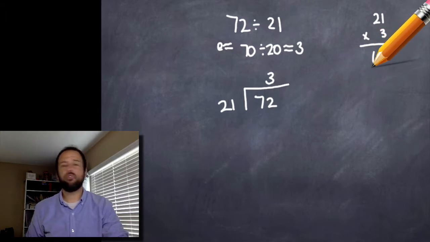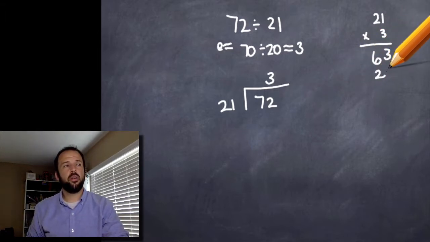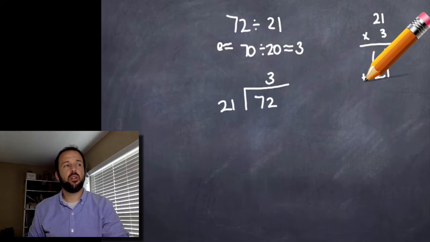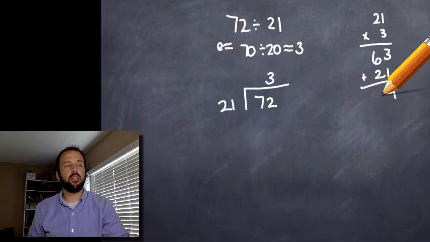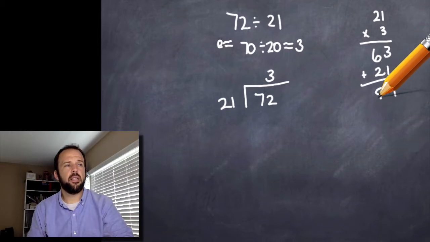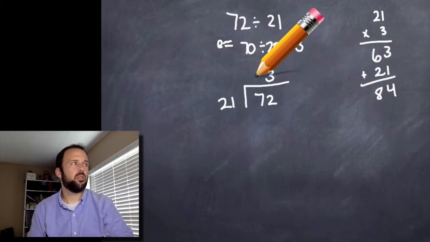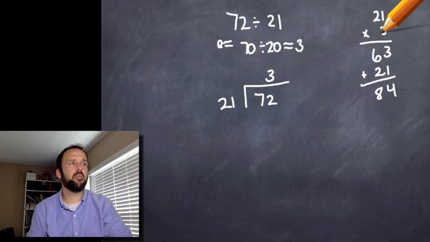If I tried 21 times 4, that gives me 4, and 6 plus 2 is 8, so 84, and that's way over the 72. So I know it's not going to be 4 times, but let's try 3 and see what happens.